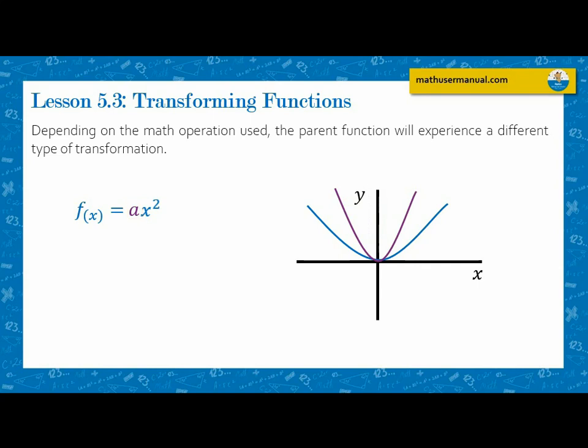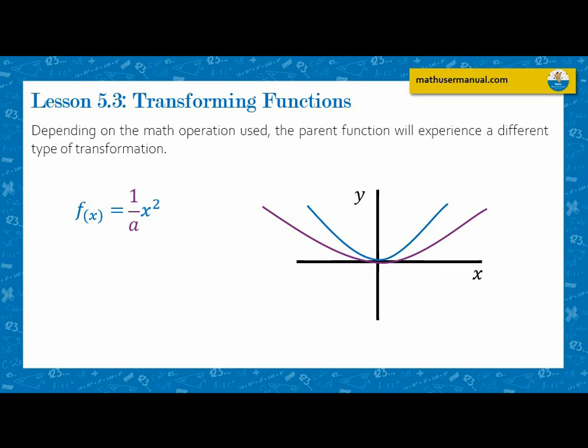That stretch of the graph is the same amount as that a. So we move by that magnitude. And of course, if we have multiplication, it means we also have division. When we divide, the graph compresses. So it's flatter and is going to compress by that same amount that we are dividing.